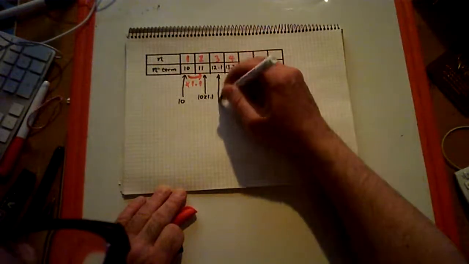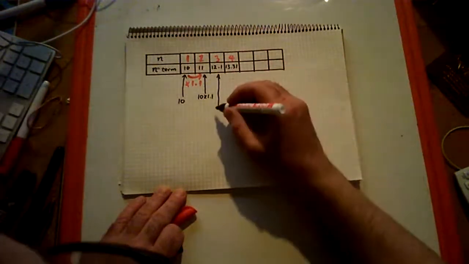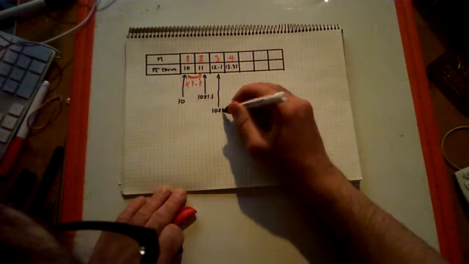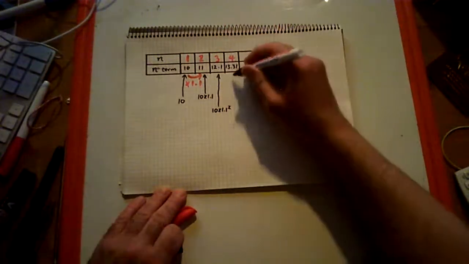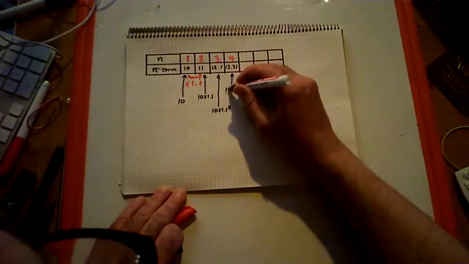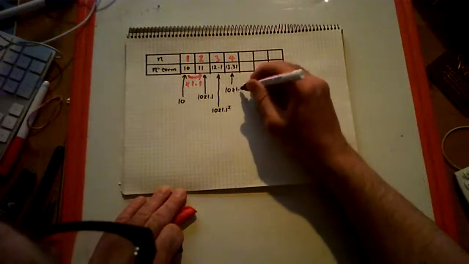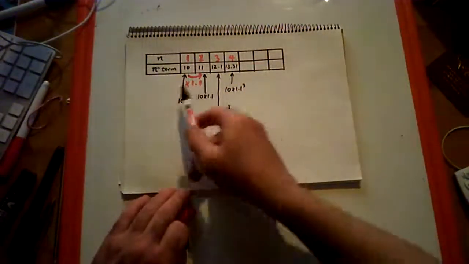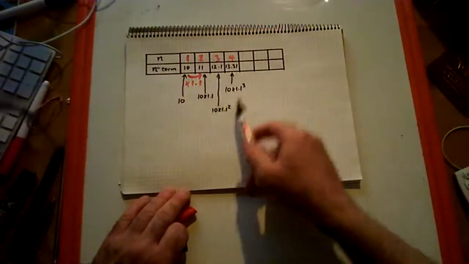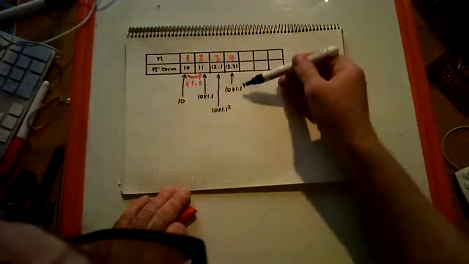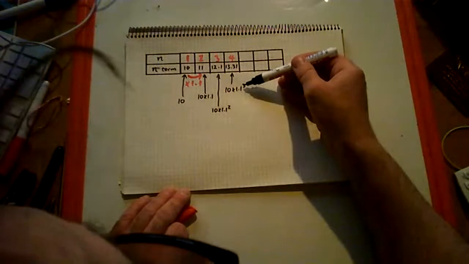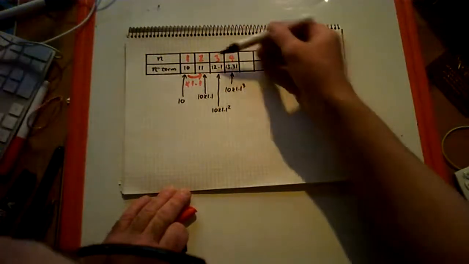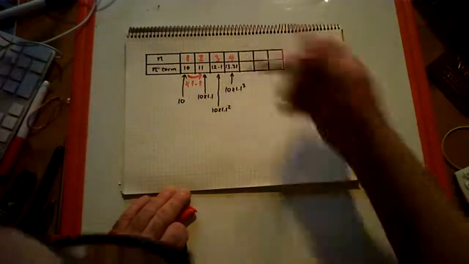The third term, you're multiplying by another 1.1. So that's 10 times 1.1 squared. The next term is 10 times 1.1 cubed. So it's always first term times 1.1 to the power of something. And that something in the power is always one less than the n you're up to in the sequence.